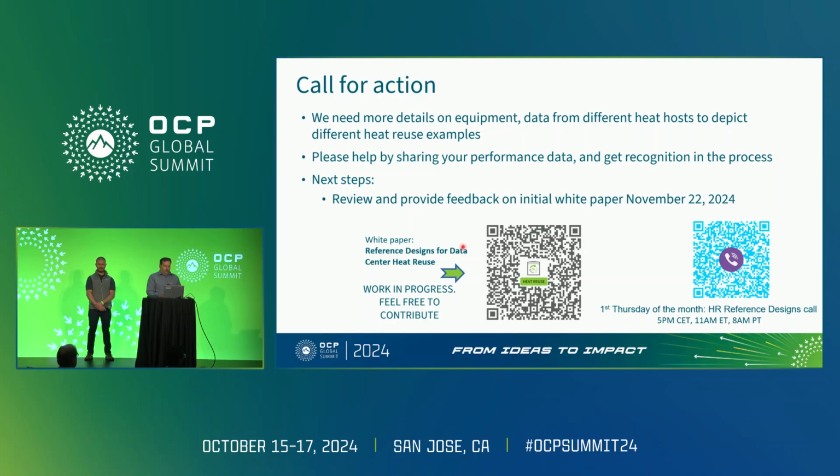So we are having monthly meetings on the first Thursday of the month, so the next one will be on November 7th. What we are targeting to do is publish this initial white paper by the year end. So if interested, we invite you to review and provide feedback. We're looking for that by the November 22nd timeframe. And there is still opportunity for recognition if you are able to contribute material.